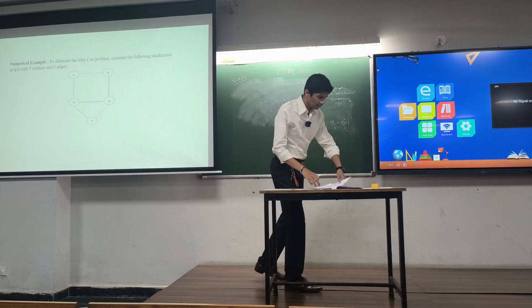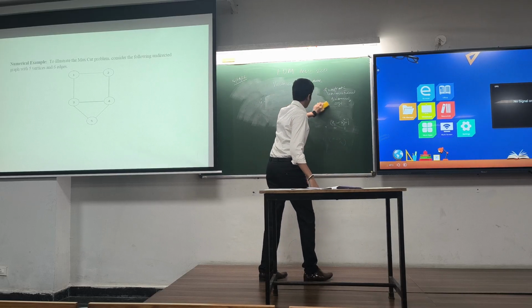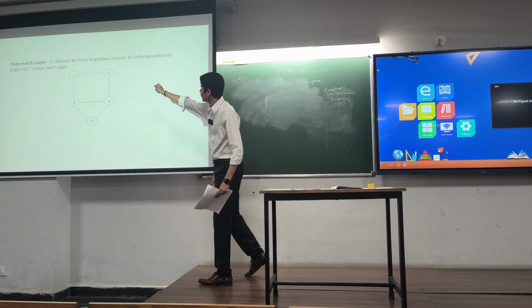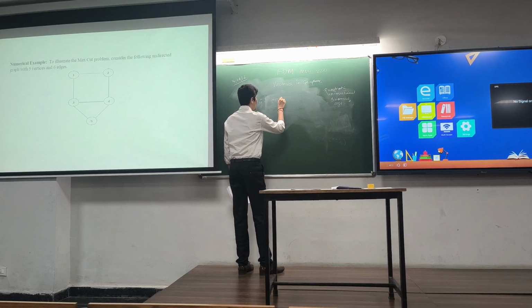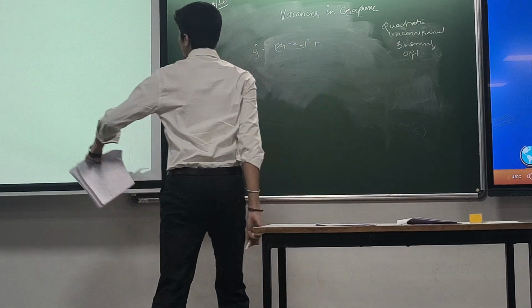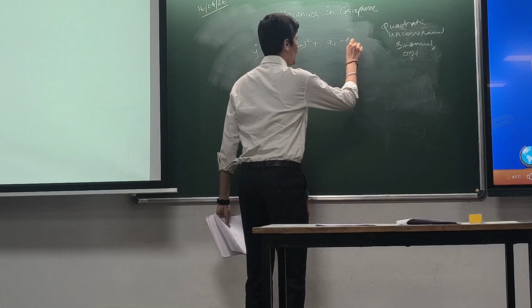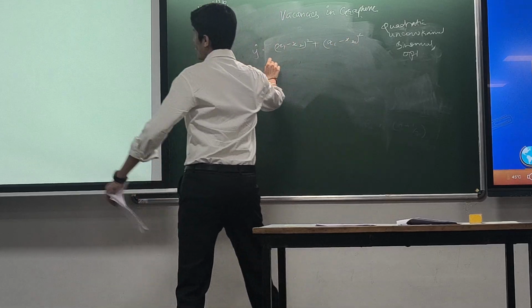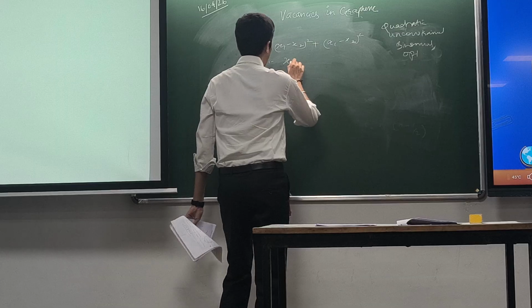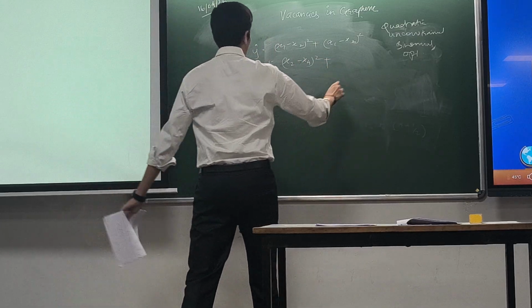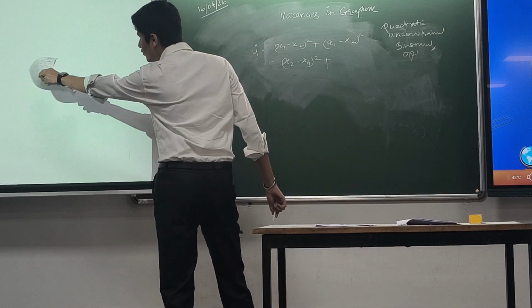So we square it out, and now we start writing the equation, which is between 1 and 2. So we write x1 minus x2 the whole square. Then we are between 1 and 3, so we write x1 minus x3 the whole square. Between 2 and 4, so we write x2 minus x4 the whole square. Between 3 and 4, and 5 and 4, and 5 and 3.